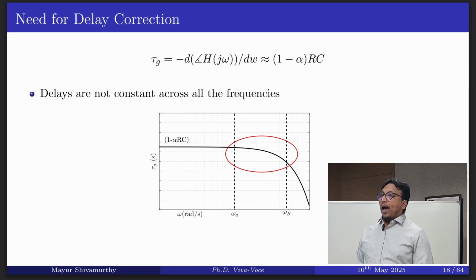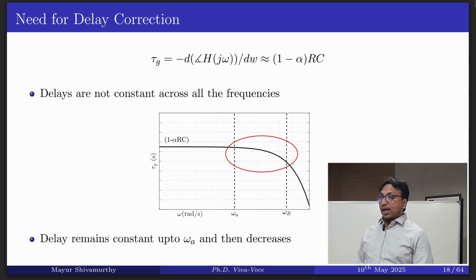So in order to have a constant delay up to a certain frequency, say omega B, we need some sort of delay correction where the delay increases with the frequency in the region from omega A to omega B, such that the overall delay of the filter remains constant up to omega B. So how to generate a delay which increases with the frequency in the region from omega A to omega B is the question.